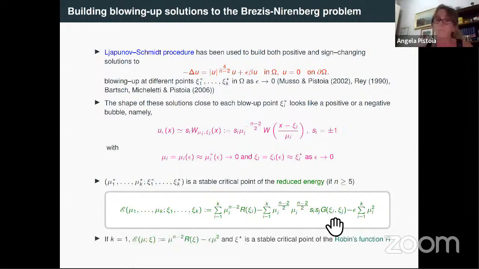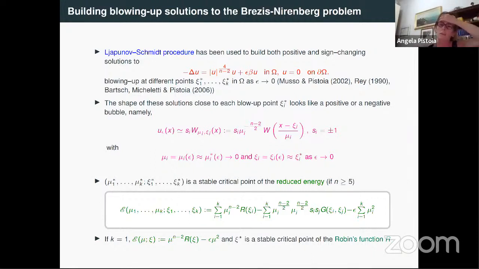Okay, and what is important I would like to point out is that if k is equal to 1, so it means that I'm looking for a solution with only one blow-up point, then the energy is nothing but mu, the concentration parameter, to the power n minus 2 times the Robin function at the point xi minus epsilon mu squared. And in order to find a solution with one blow-up point, what I need is that xc star is a stable critical point of R.